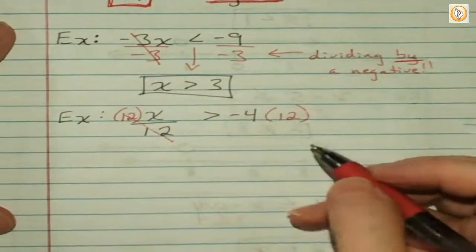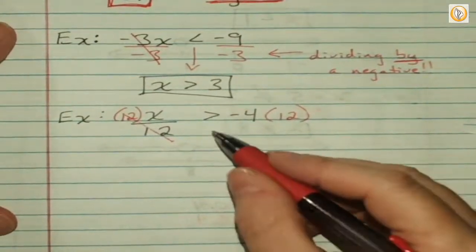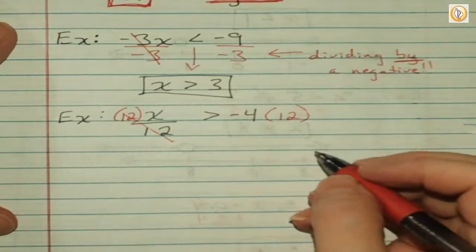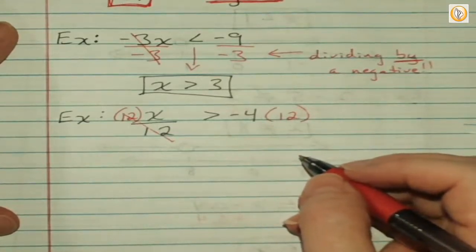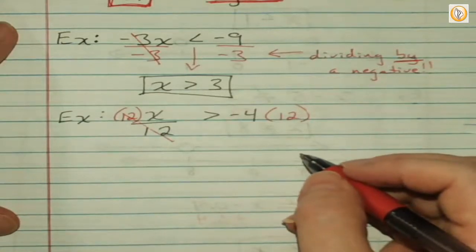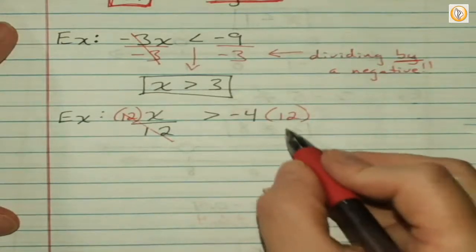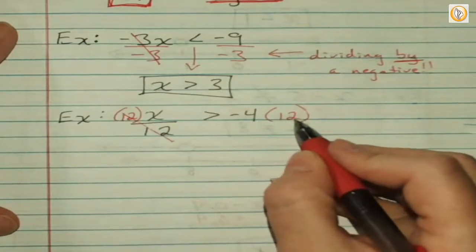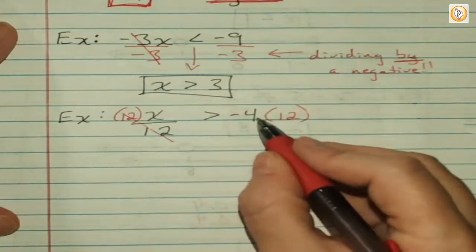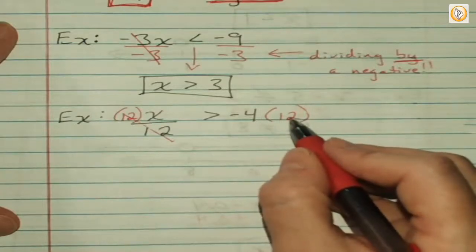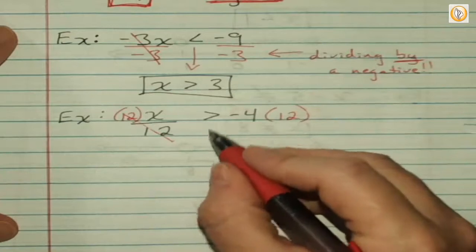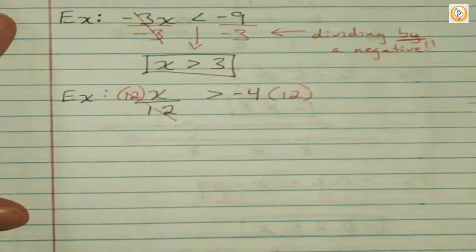Now, Cecilia, do I need to flip the sign? No. Why not? Are we multiplying by a negative? No. This 12 is positive. Just because that 4 is negative doesn't mean anything. We're multiplying by a positive, so we don't need to change that sign.